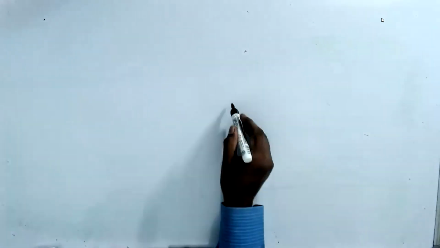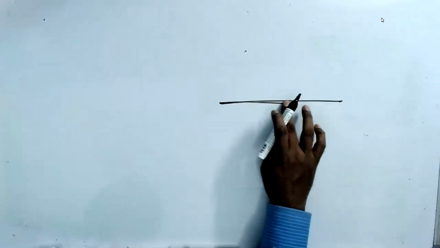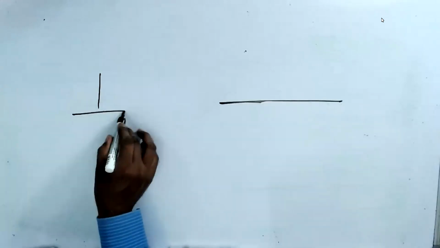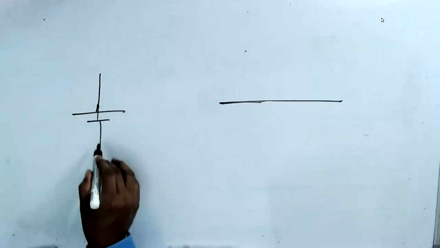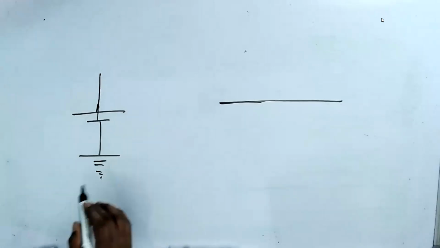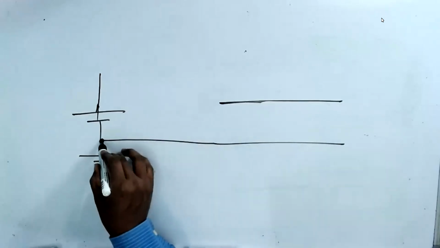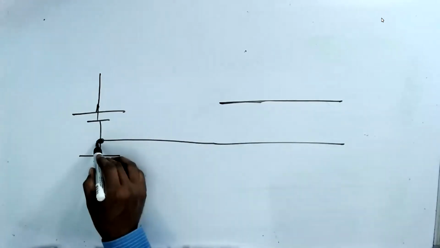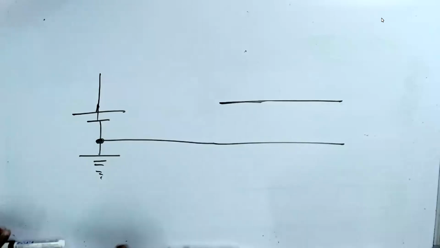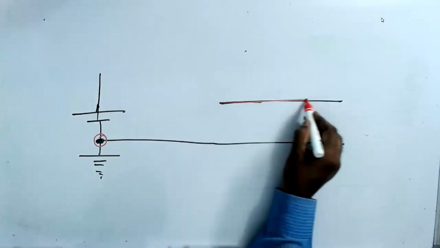Only thing is we represent this. But understand, a wire which is not connected. You buy a small wire which is not connected, and I have a battery and I have a ground, and I connect a wire to this pin. Understand, there are two things. I have a wire which is connected to the ground, and I have a wire which is not connected.